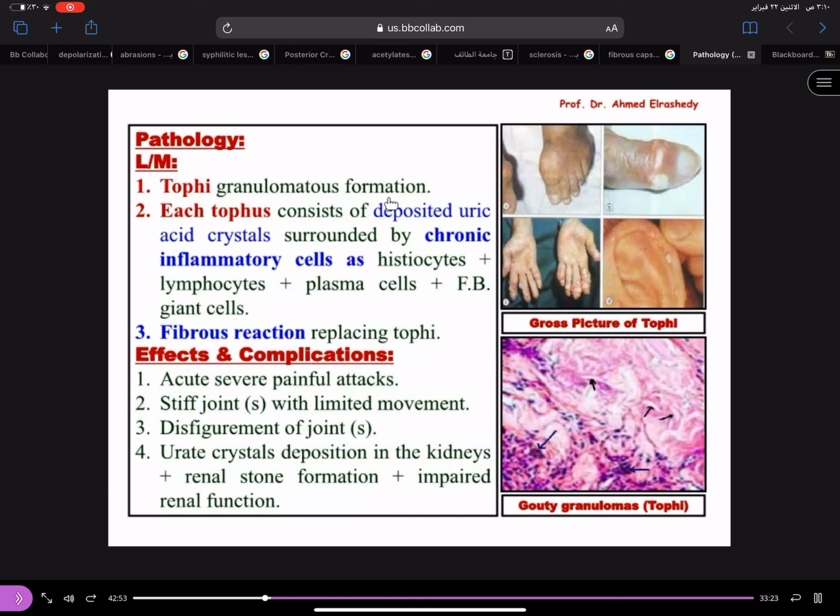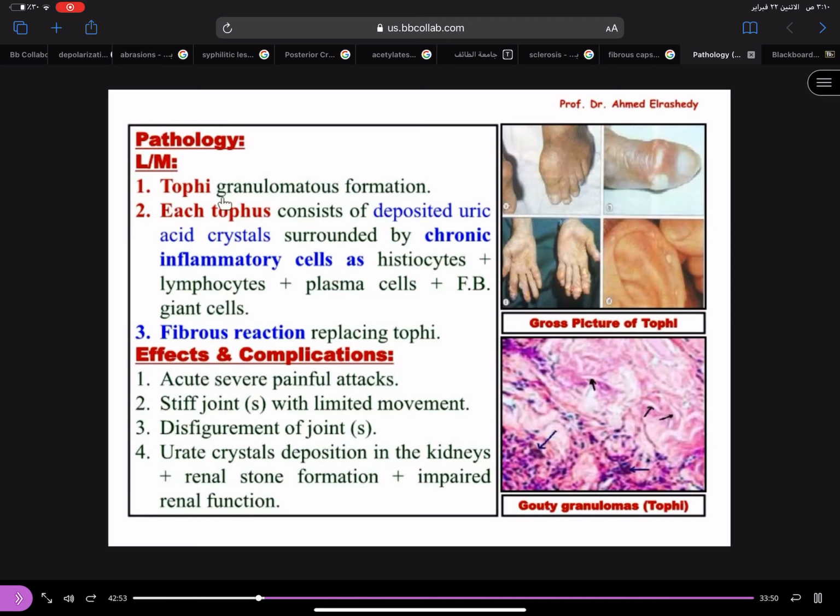If you know these terms from your previous knowledge, it's very easy. Tophi means those crystals, the deposition of these crystals. This is under the skin. This is a gross picture of tophi, and this is the microscopic picture. These crystals get together.